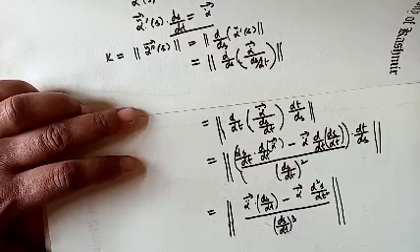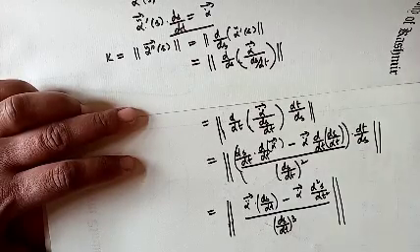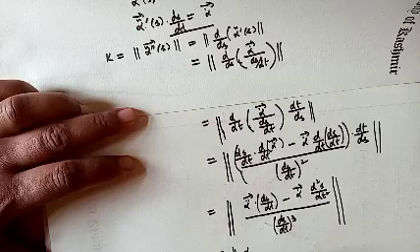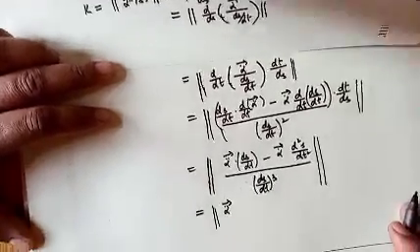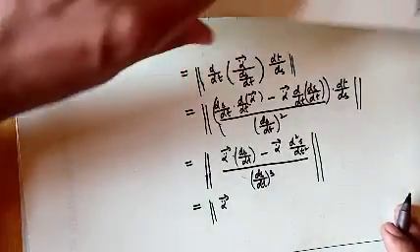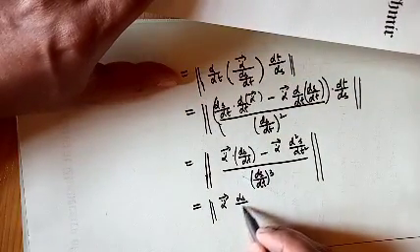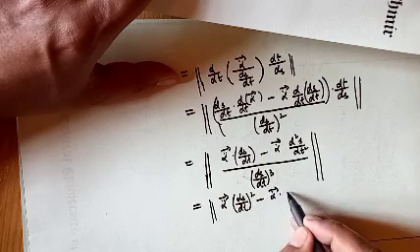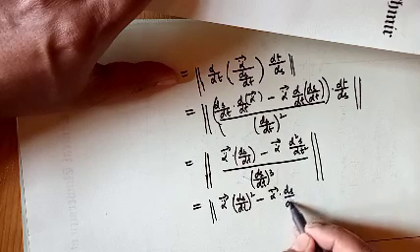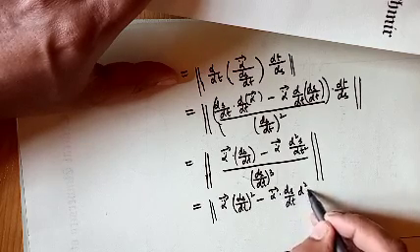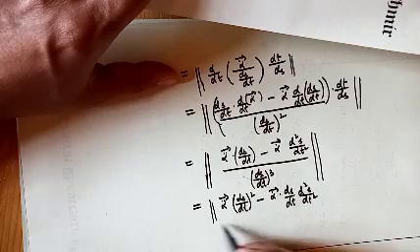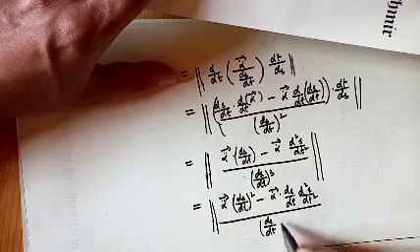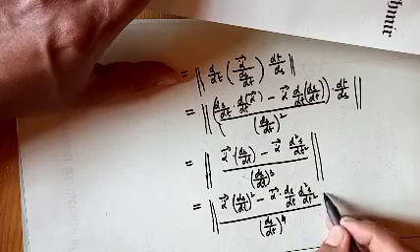Okay, now I multiply both numerator and denominator by ds by dt, and you know why. So I can write it as alpha double dot into (ds by dt) squared minus alpha dot into ds by dt into d2s by dt squared, divided by (ds by dt) cubed, raised to the power 4.